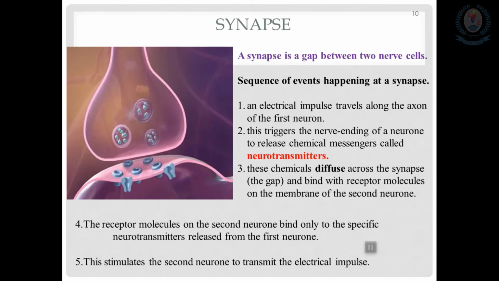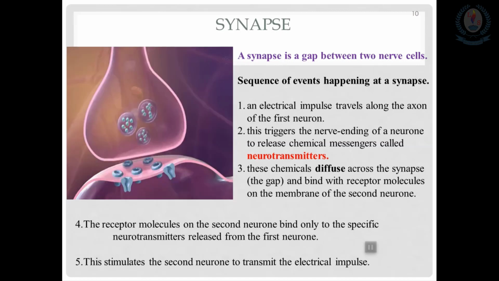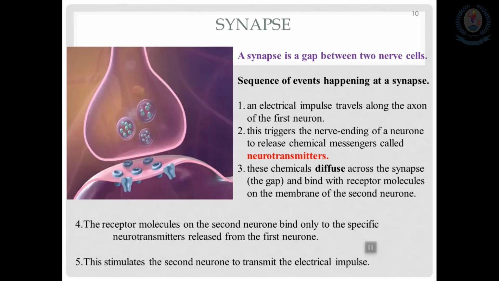Synapse. There are tiny microscopic gaps between two nerve cells called synapses. When it gets to an end of one neuron, the electrical impulse stops. This causes the ends of the fine branches of the axon to secrete a chemical called neurotransmitters.